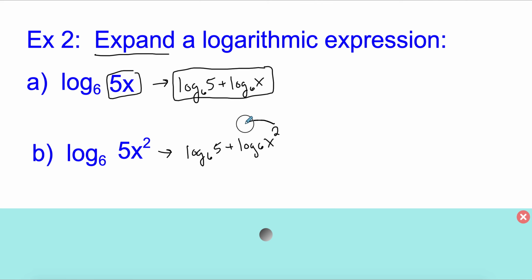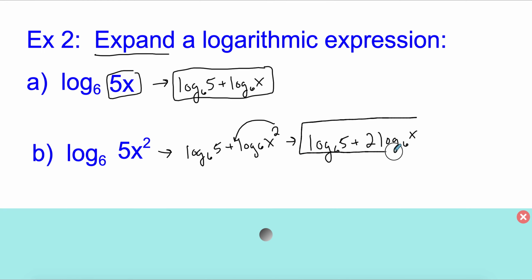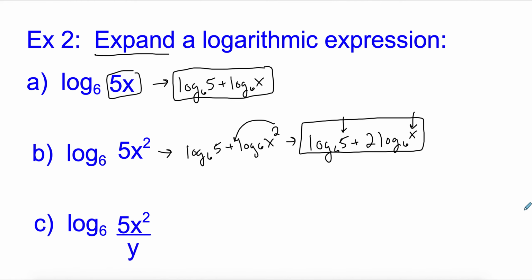So this 2 needs to go in front of that log. To finish it out: log base 6 of 5 plus 2 log base 6 of x. That is completed. So we split the logs up to where there is only one thing inside of them, just a 5 and just an x, and the exponents are where they need to be.